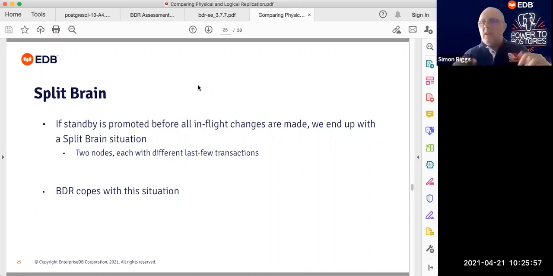The period is the amount of time we need to wait before we do the full promotion of the standby node in order to get the failover to succeed. Anyway, just to say that BDR does cope with this situation. It can resolve split brains, but it can also switch very quickly from one to the other without waiting, and it's a particularly important point.